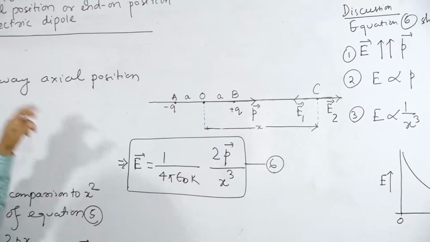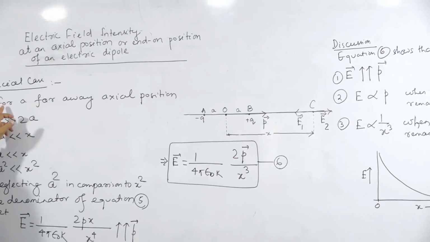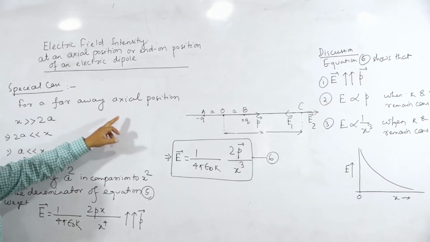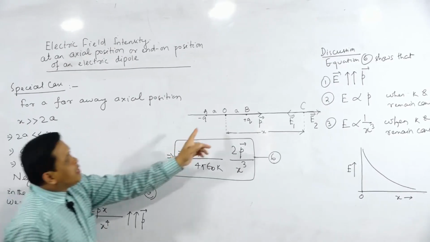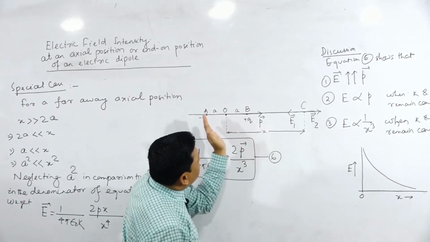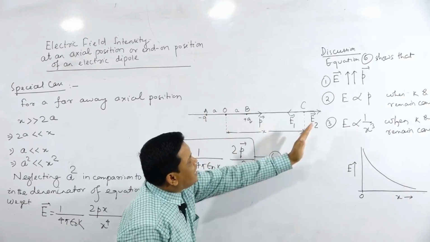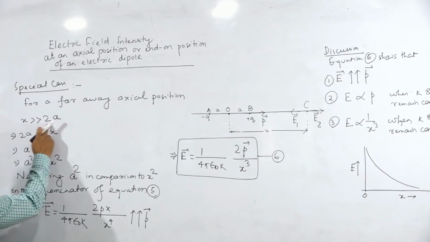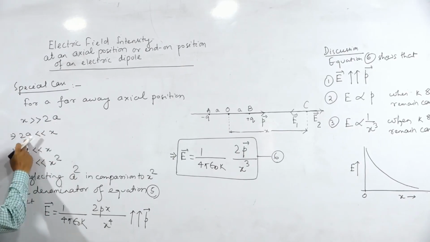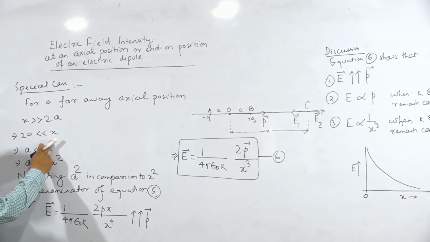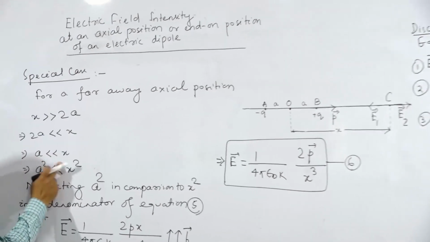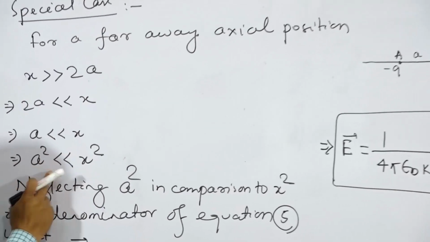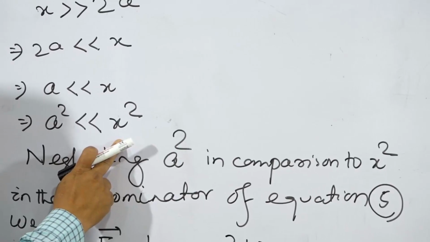So we have taken this special case that for a far away axial position, that means if the point C is far away, at a very long distance from the dipole, in that case x is much greater than 2a, or 2a much less than x, or a much less than x, or a square much less than x square.